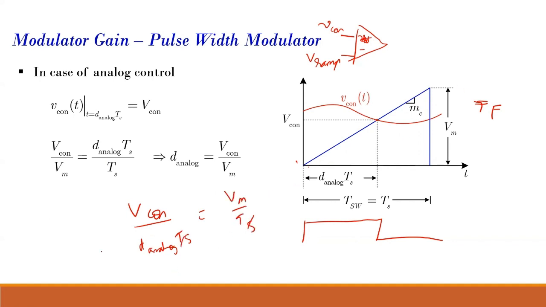So we cut TS. So my D analog will be equal to V-con divided by VM. Any doubts on this? No. Okay. So that is my gain for analog control.